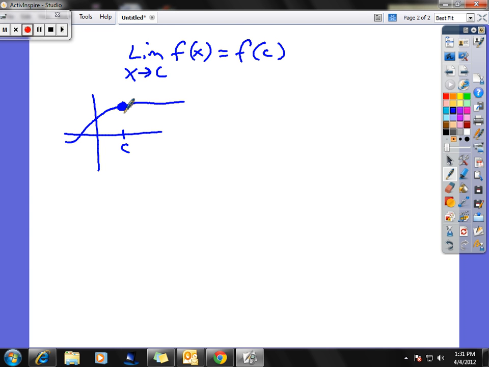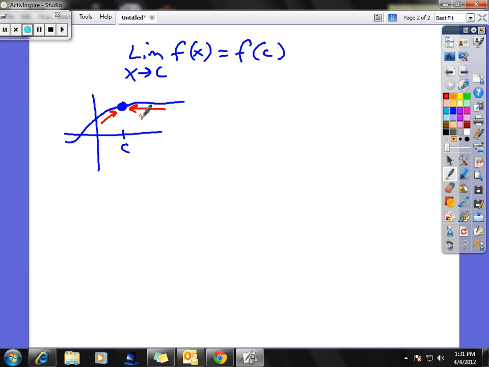As long as the limit, which is the y value as you approach from both sides, is equal to the actual function value at that point, then the function is continuous. If those two things weren't equal to each other, then you would have a hole there.